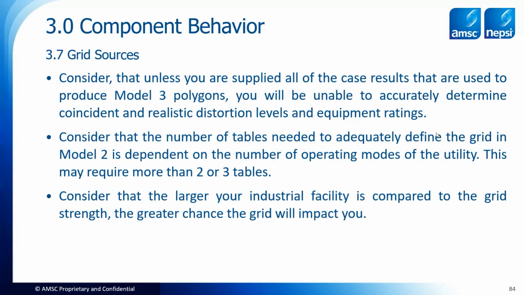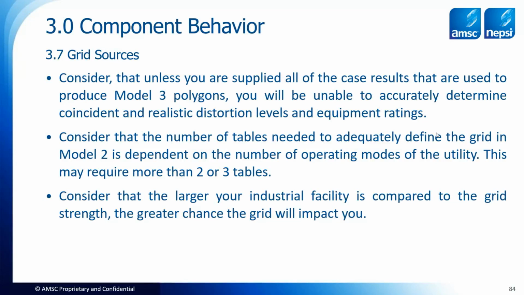So we should also consider that unless you're supplied all of the case results to produce those model 3 polygons, you're going to be unable to accurately determine coincident and realistic distortion levels. Where do you pull from in those polygons?